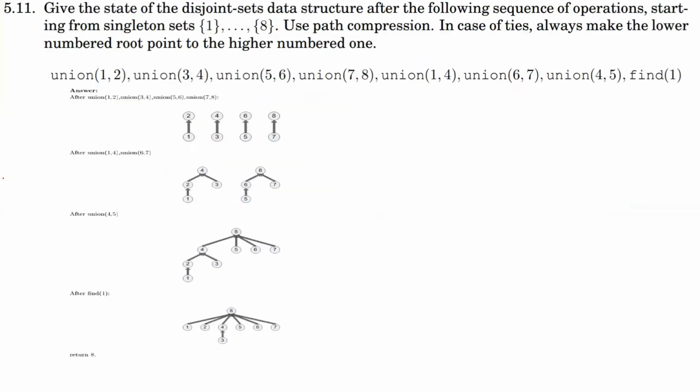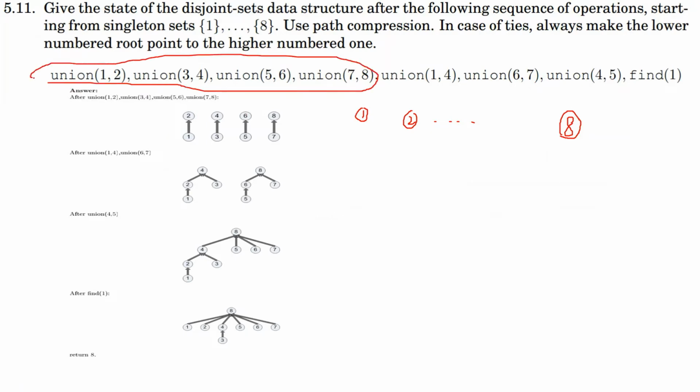Okay, let's go to the next problem, 5.11. So initially you will have 1, 2 to 8. They're not connected to any other node. And the first 4 operations will give you this result.